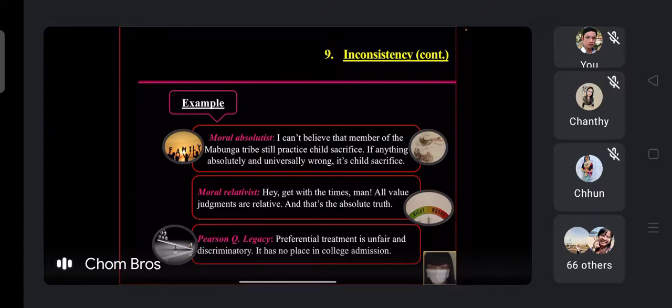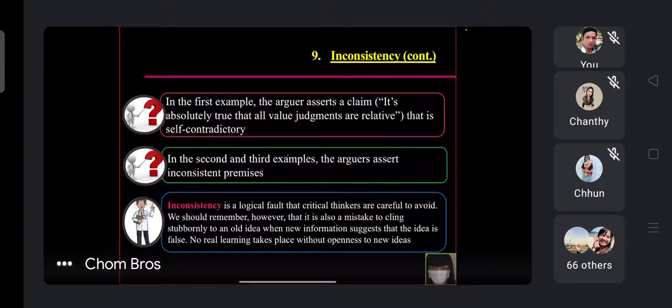All value judgments are relative, and that is true. The third is about preferential legacies. Preferential treatment is unfair and discriminatory and has no place in college admission.